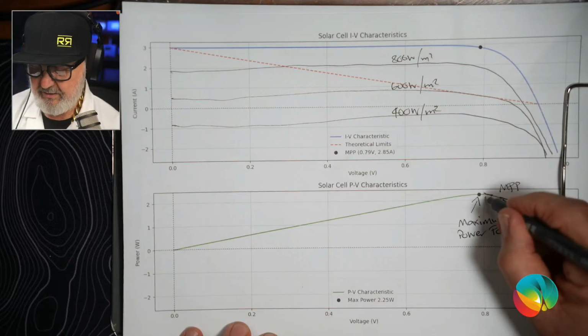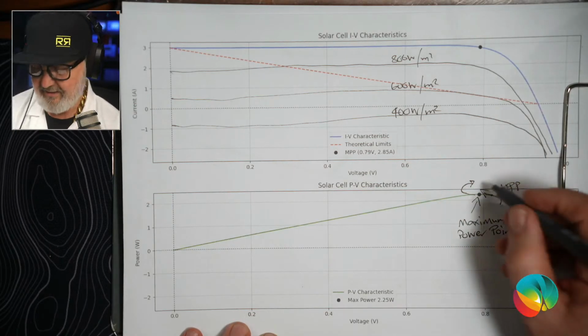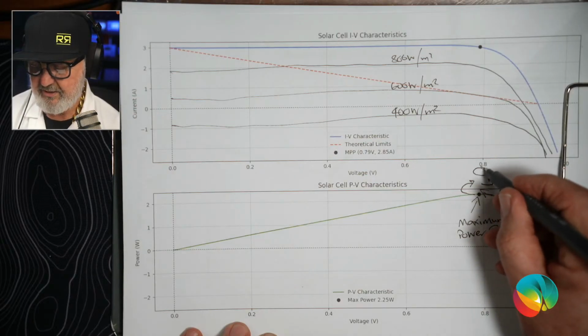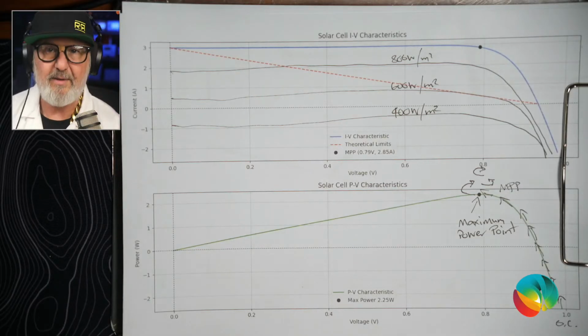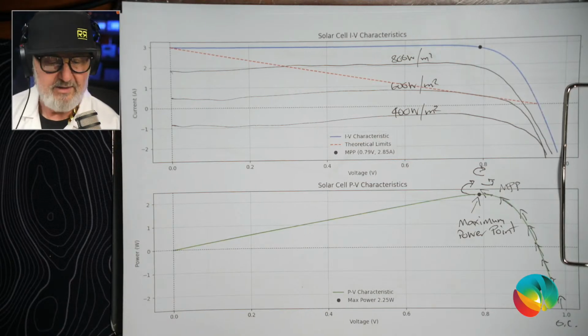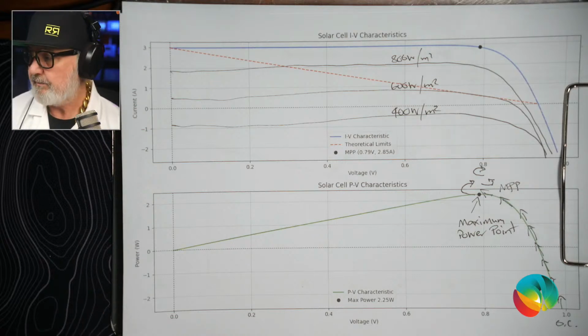And at some point, it goes, uh-oh, I went too far, go back. And so it hunts around this point continuously because this varies dramatically in real time. So if you've got some high cloud that scatters across your array, your power point will move quite quickly. And so the tracker is constantly trying to find the sweet spot on the array. So that's a very useful function of a maximum power point tracker.